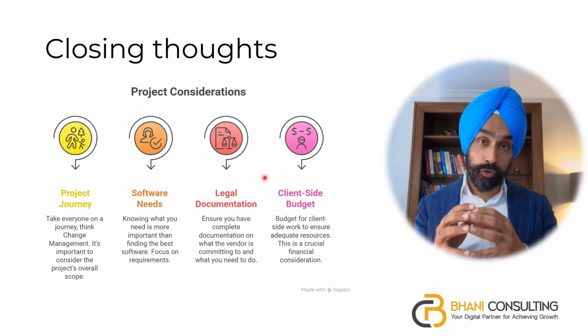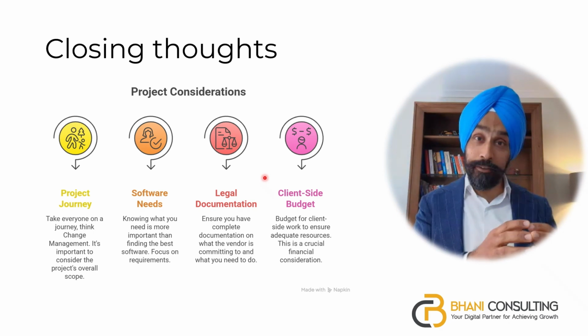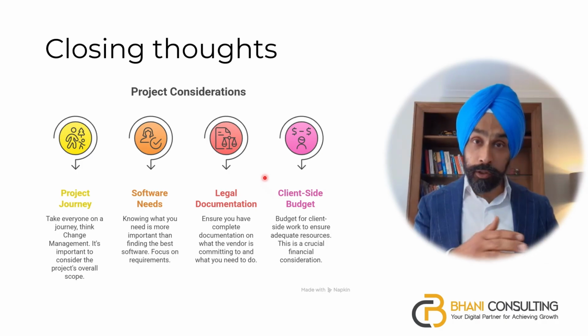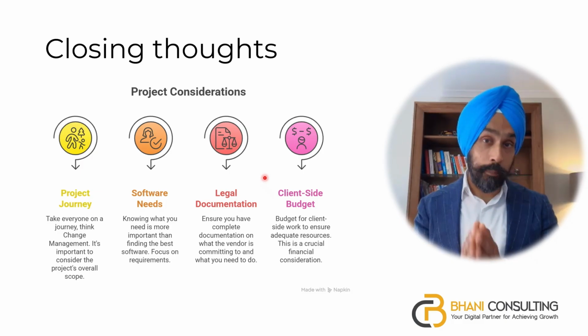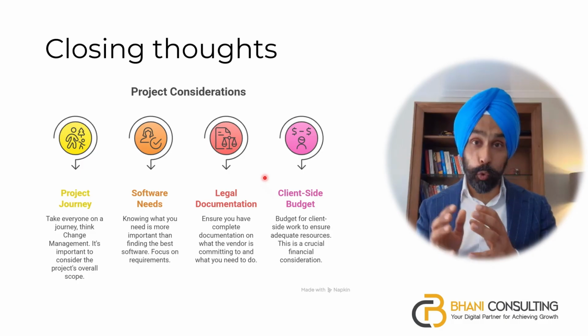Then there is support, which is after we start using the software. There is going to be consulting fees from the ERP vendor, and then all the cost associated with your project team that is above and beyond the vendor side cost. So client side budget is a must. Make sure you are covered.